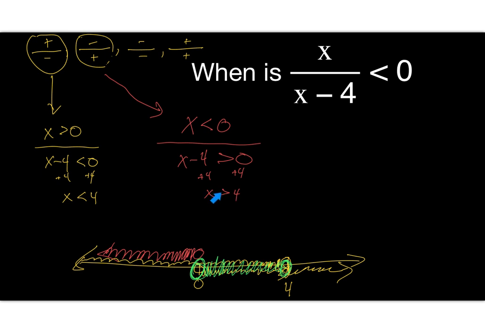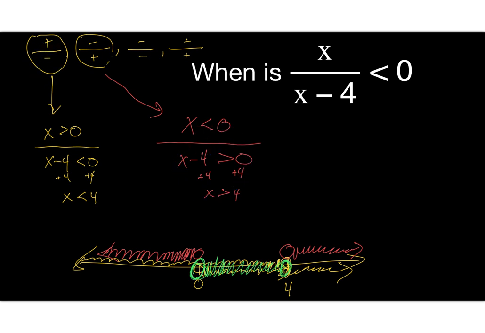X is greater, larger, going to shade to the right. So at 4, open dot, shade to the right. Where are those double shaded? They're not.